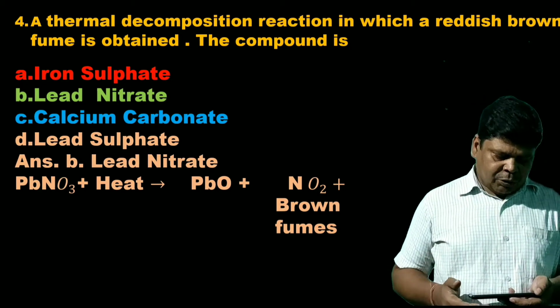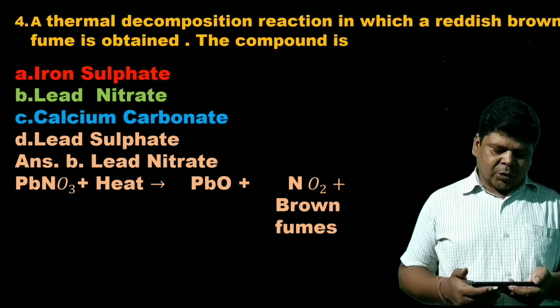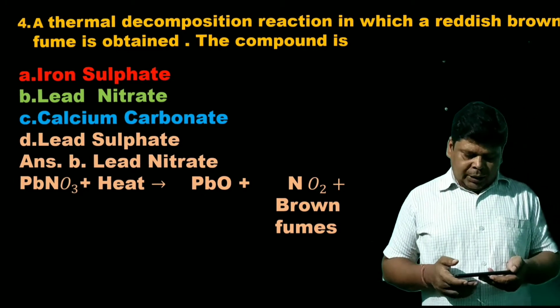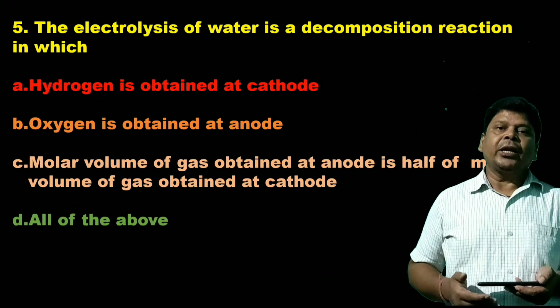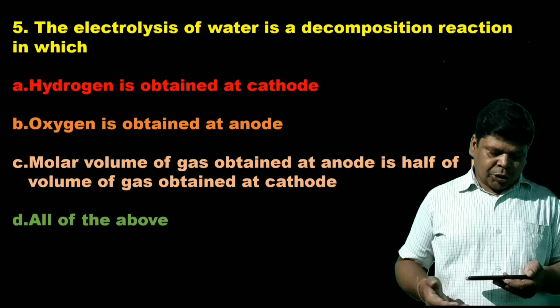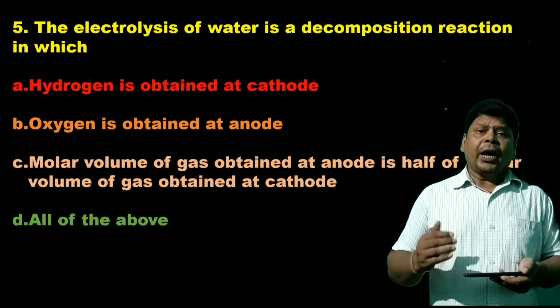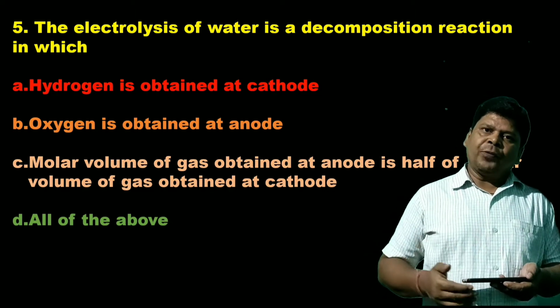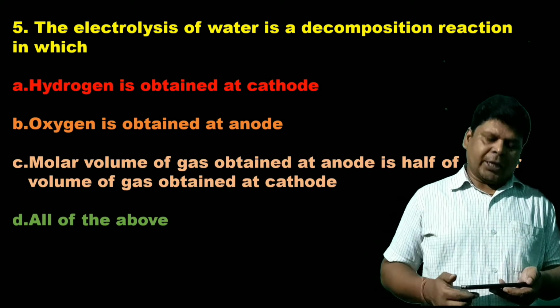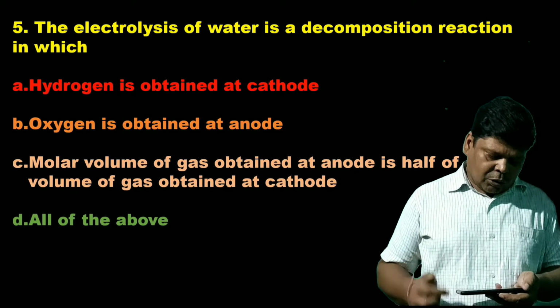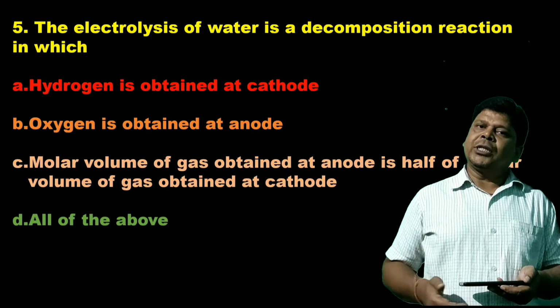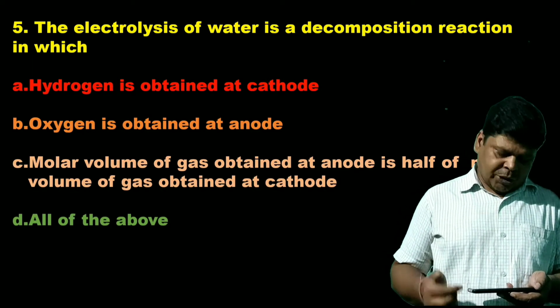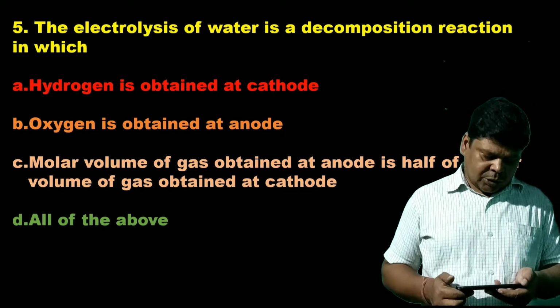Now the fifth question is, the electrolysis of water is a decomposition reaction in which hydrogen is obtained at cathode. Hydrogen is a cation, so it will always be obtained at cathode. This is correct. Oxygen is obtained at anode. Oxygen forms negative ions, that's why it will be obtained at the positive electrode, the anode.